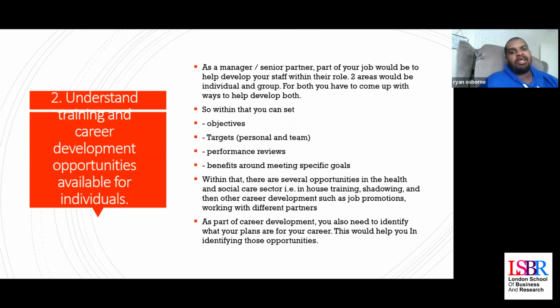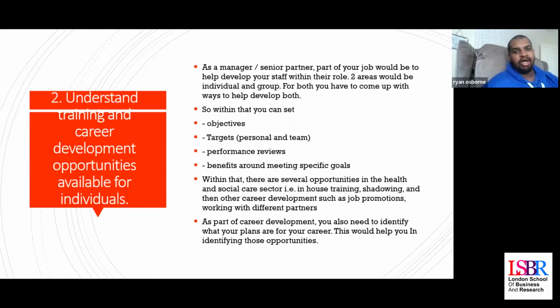Within that, there are also several opportunities that you can use to develop yourself within the health and social care sector. Some of them are in-house training, shadowing, on-the-job training, and other development paths such as job promotions and working with different partners.